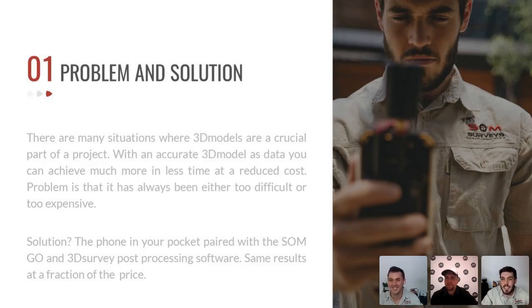So next up is a poll. Guys, just maybe indicate what industry you are from. You will see that there's going to be a poll and you can just select an industry. Okay, so surveying and architects.